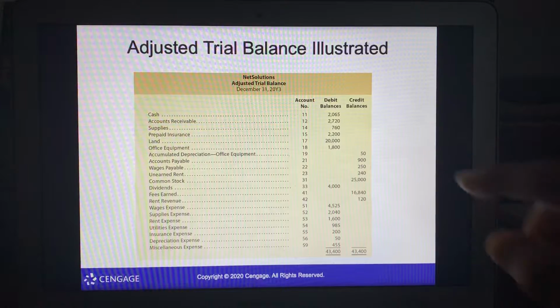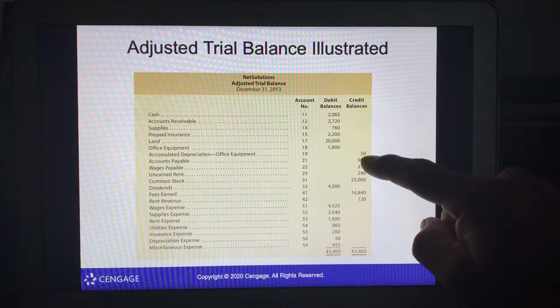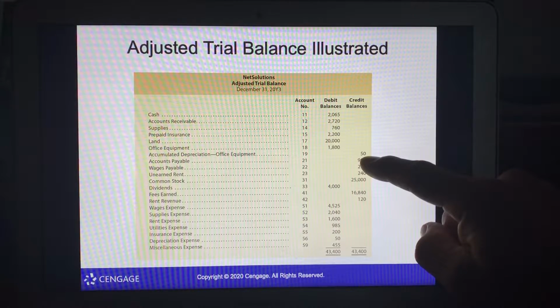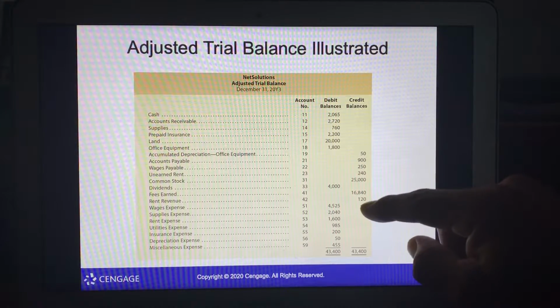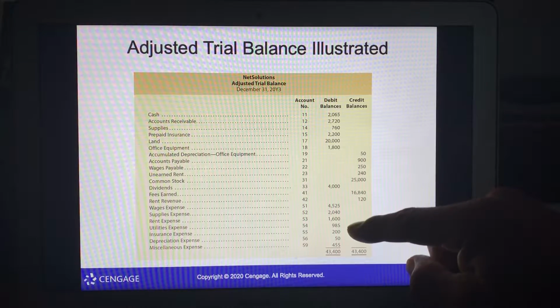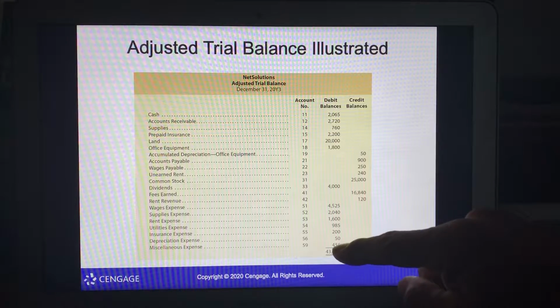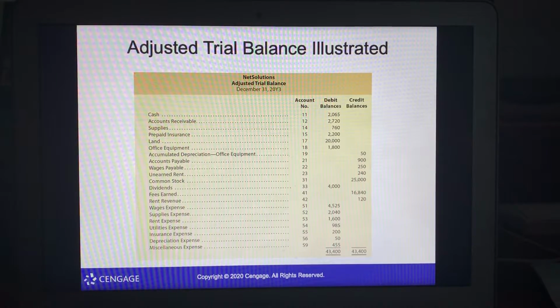Notice how you can tell if the trial balance is adjusted: you'll start to see accumulated depreciation. You'll also see fees earned. You'll start to see some of these other accounts popping up. But that's kind of how you can tell if you've gone through your adjustments.